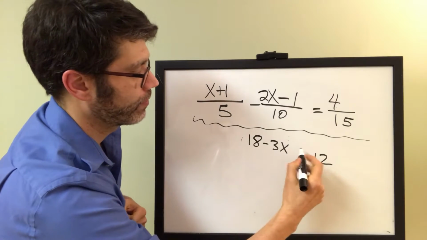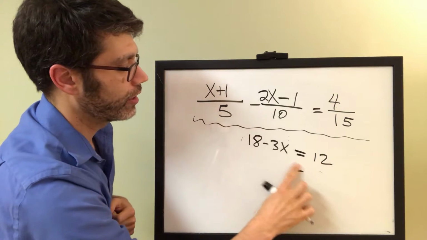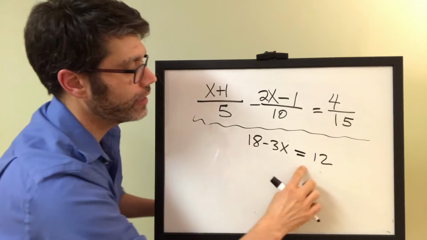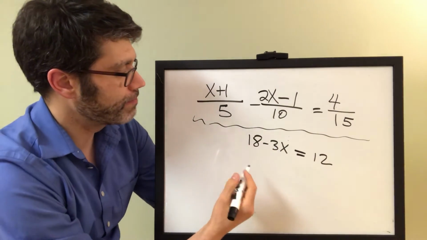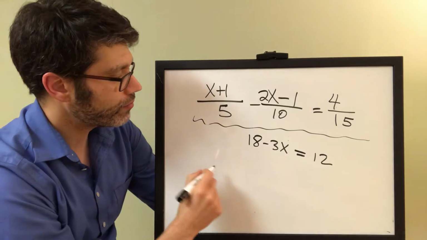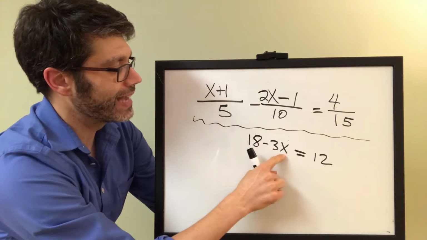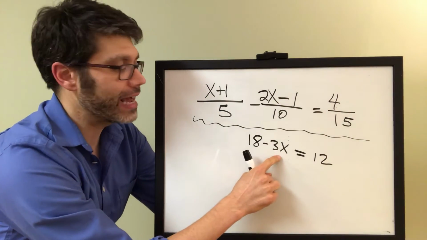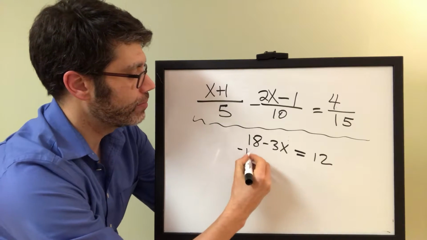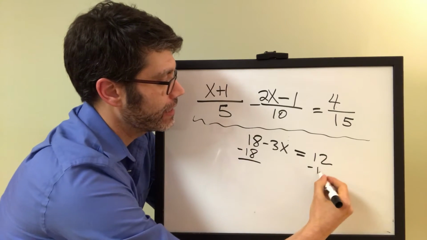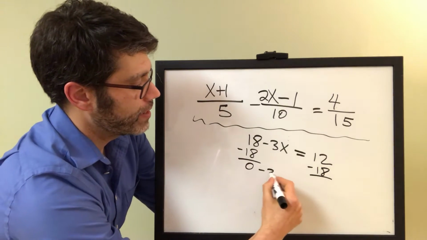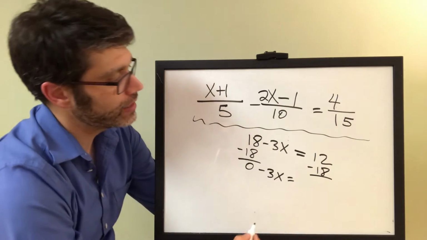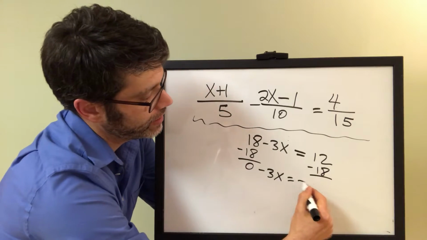Now let's use our properties of equality and inverse operations. We want to isolate x. We want to get x all by itself. So let's start by clearing away that 18. Subtract 18 from both sides. That becomes just negative 3x on the left-hand side, and 12 minus 18 is negative 6.